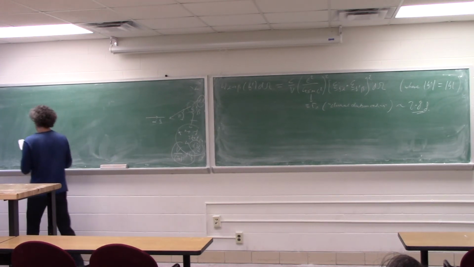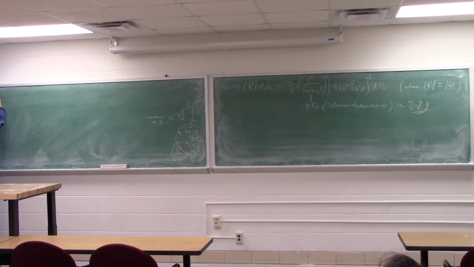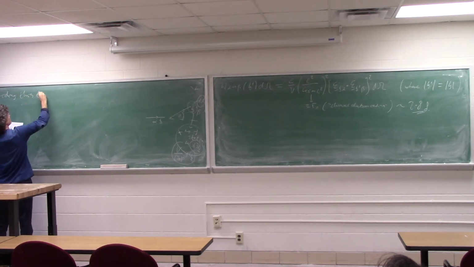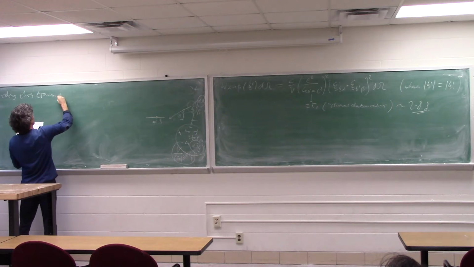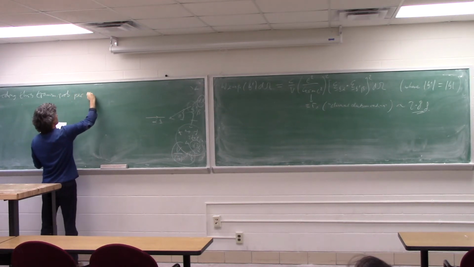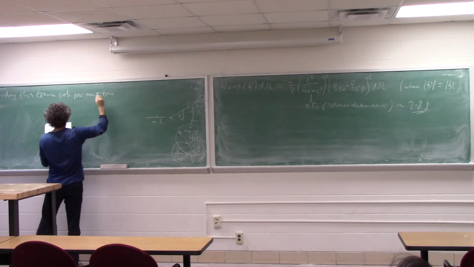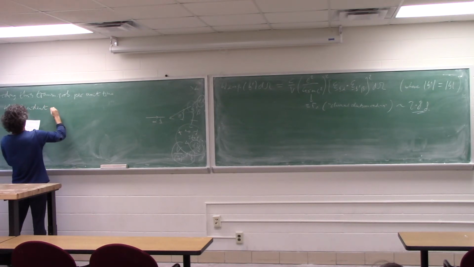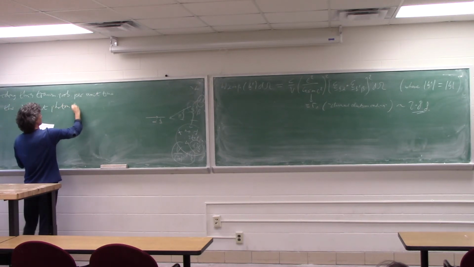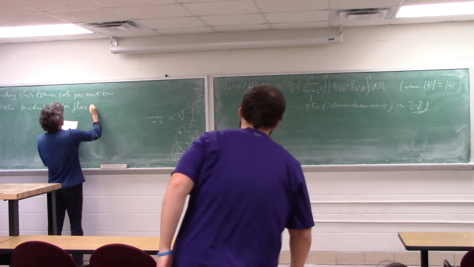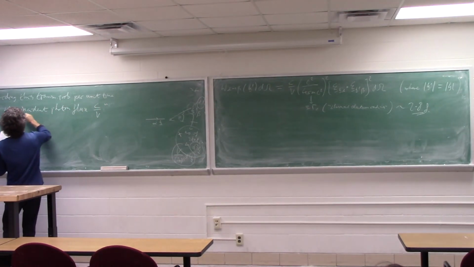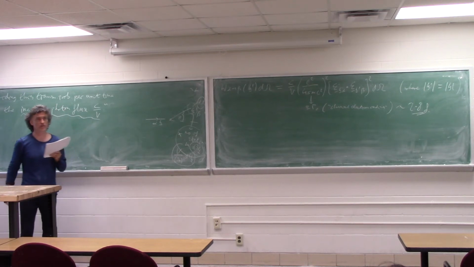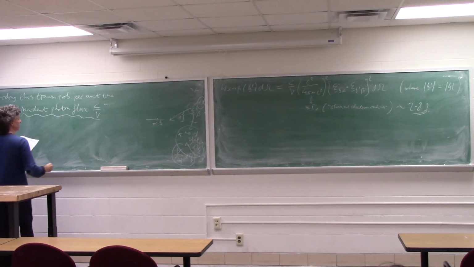So the book says, dividing this transition probability per unit time by what it calls the incident photon flux, c over V. All right, the incident photon flux, c over V. I'm going to come back and talk about that.